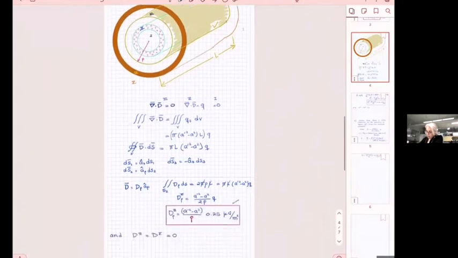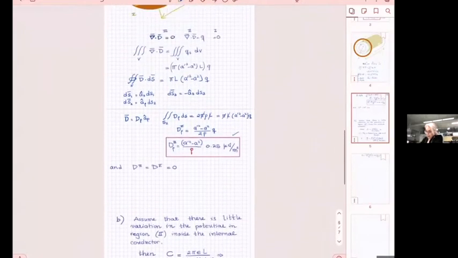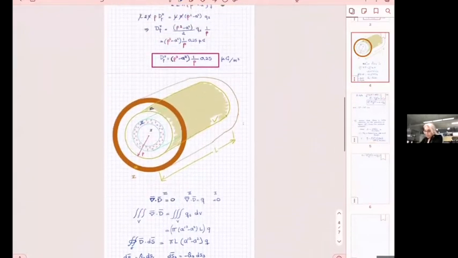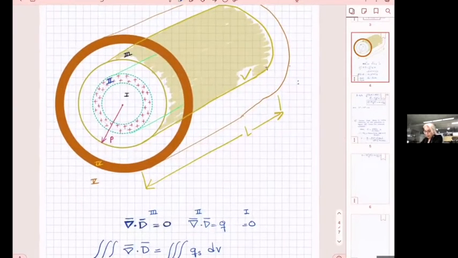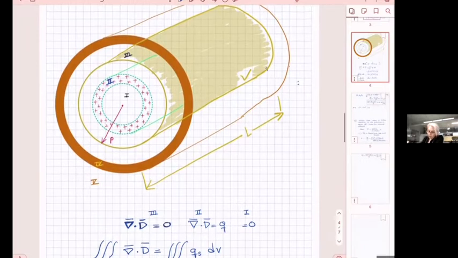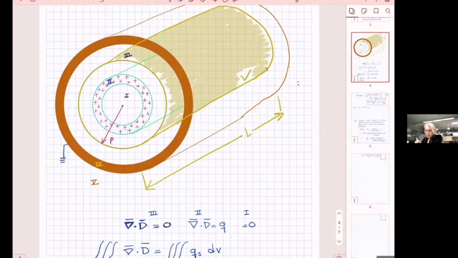Okay. Then in area 4, it's the conductor, so there is no field inside the conductor, 0. And because the outer side of the conductor has been grounded, that means that there are no charges outside, so also 0.